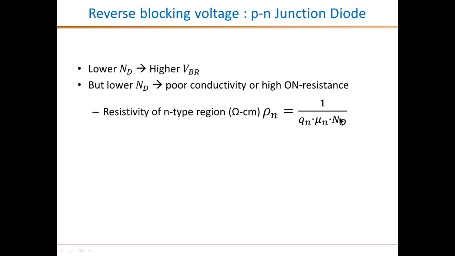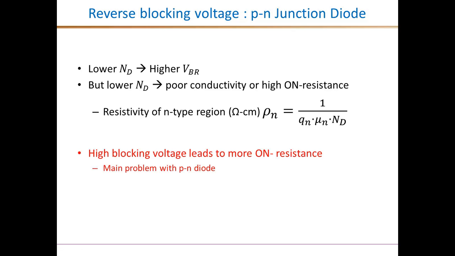So the lower the ND, the higher the resistivity and the resistance of the diode. Clearly, higher blocking voltage is achieved at the expense of increased on-state resistance, and that is the main problem with conventional silicon PN diodes.